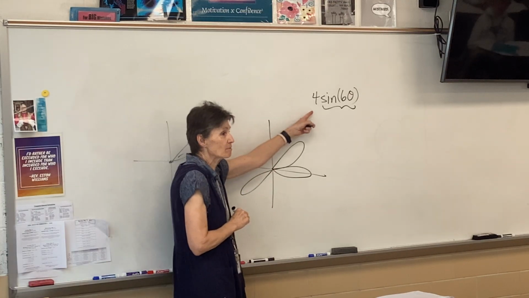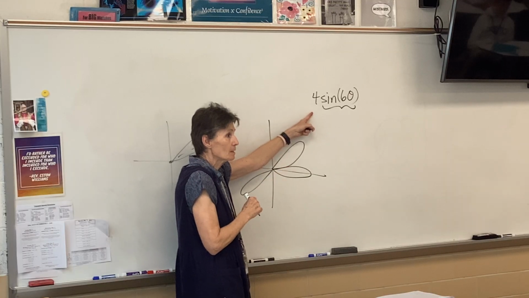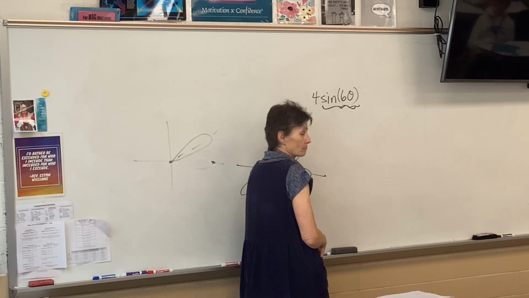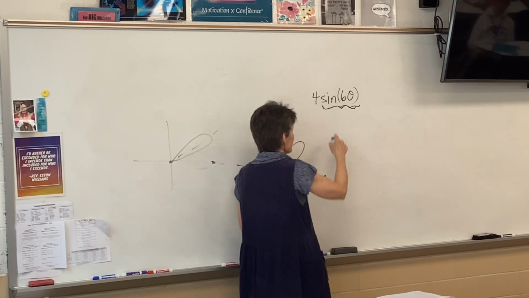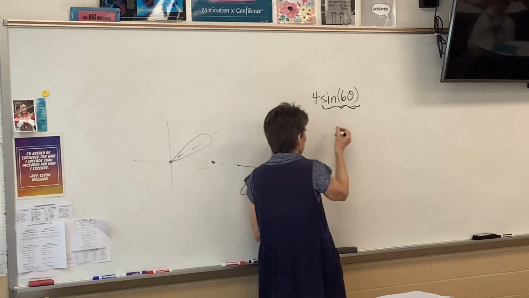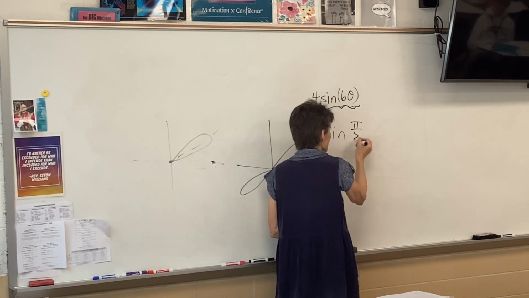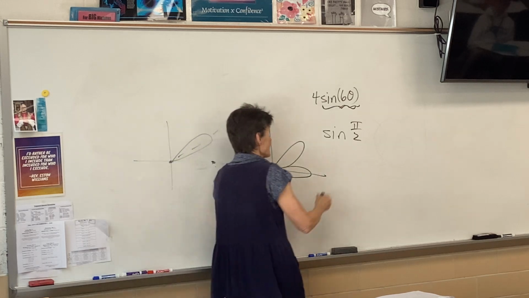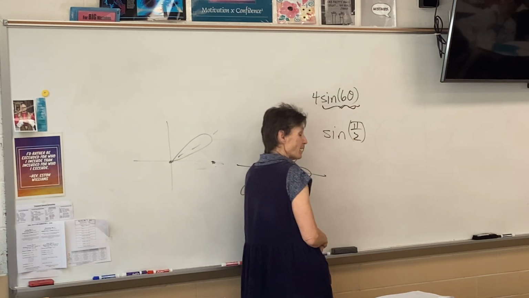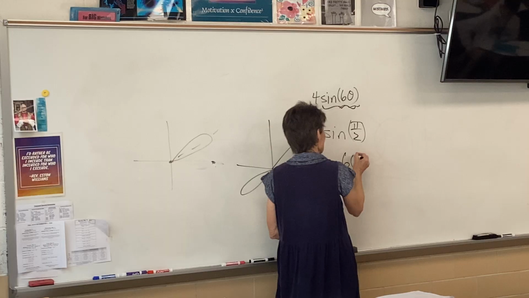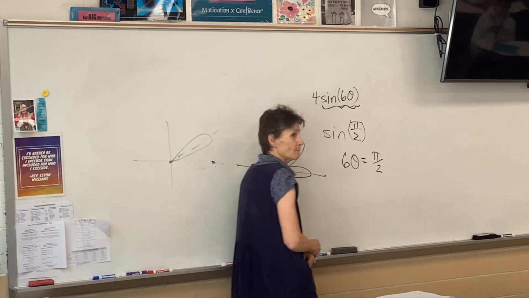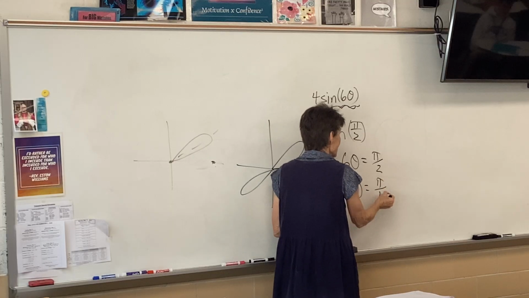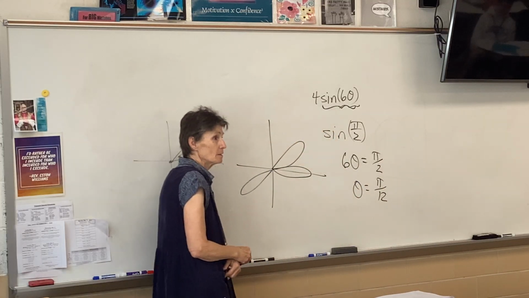Isn't that how you have to read 4 units long? Now, when is this 1? This is 1 when the angle is pi over 2. And if the angle has to be pi over 2, then doesn't 6 theta have to be pi over 2? So where is that first leaf going to be?